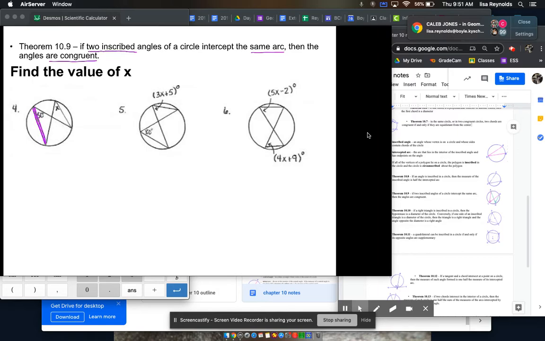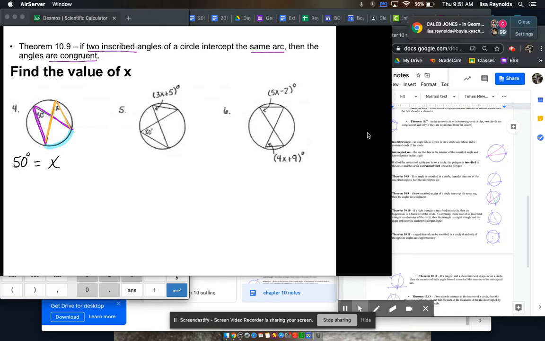So we have the angle that has the 50, and we have the angle that has the x, and they have the same intercepted arc. So for this particular problem, those two values are congruent. So our 50 for the first angle will equal the x for the second angle. So in this problem, x is equal to 50.